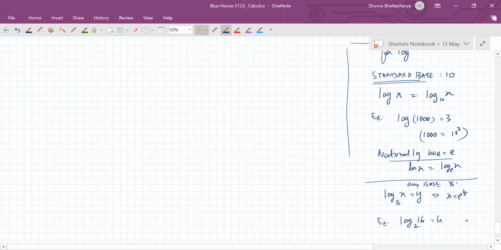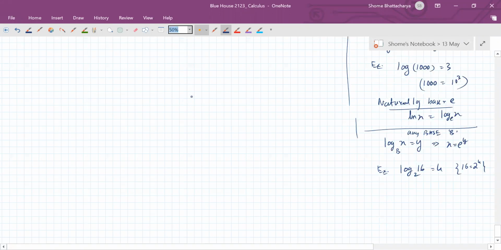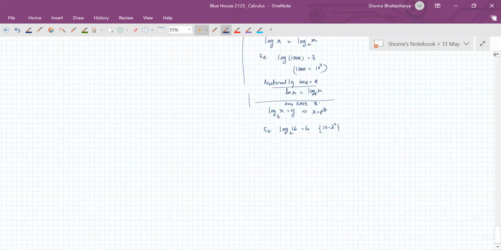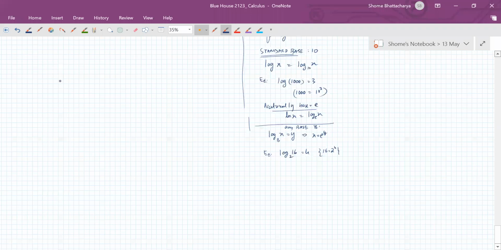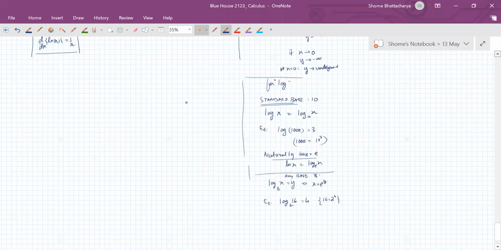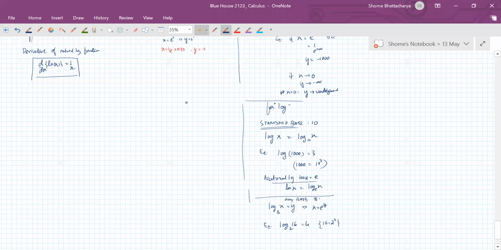It is 4, because 16 is equal to 2 to the power 4. But the formula that we've got for differentiation applies only to natural log. It doesn't apply to log of any other base. This formula is only for natural log, that is log to the base e. We cannot apply this to log to the base 10 or log to the base some other value.